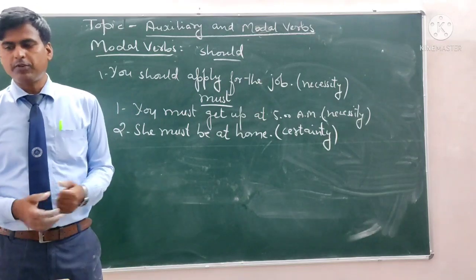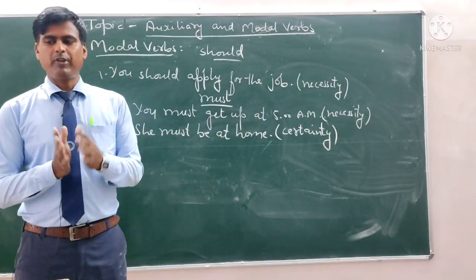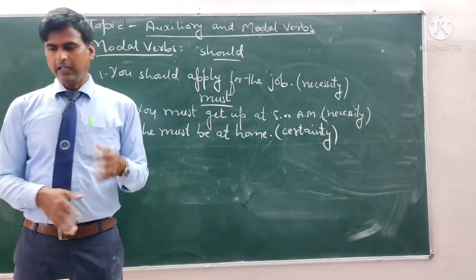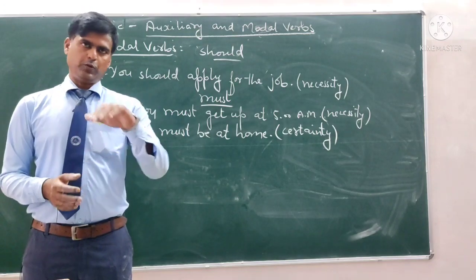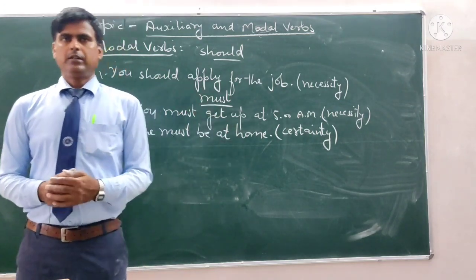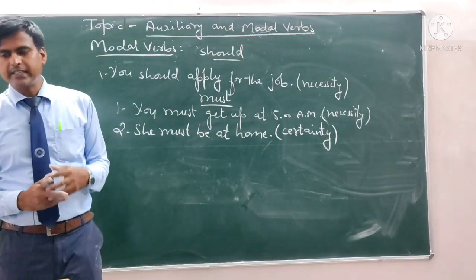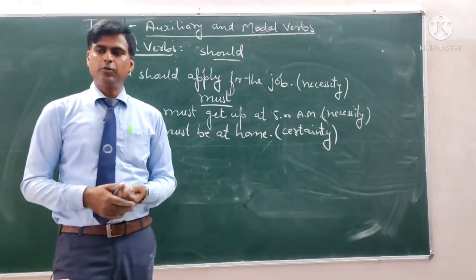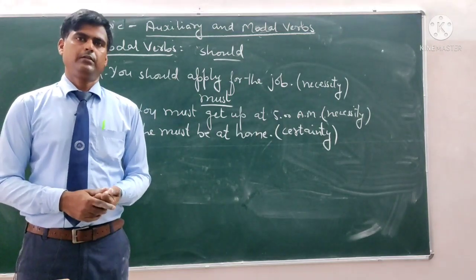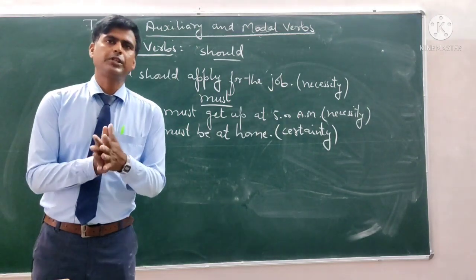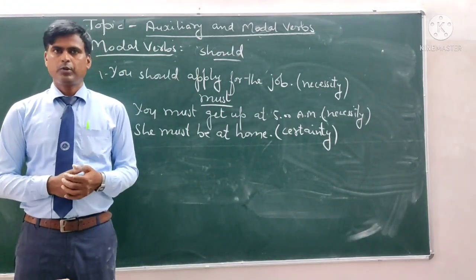We can use shall for future action, for offer, for suggestion, etc. in the same way as will. And we can use should for necessity, and we can also use should for the past action of future. And we can use must for necessity and certainty, and we can use ought for necessity and obligation. So these are the uses of modal verbs.